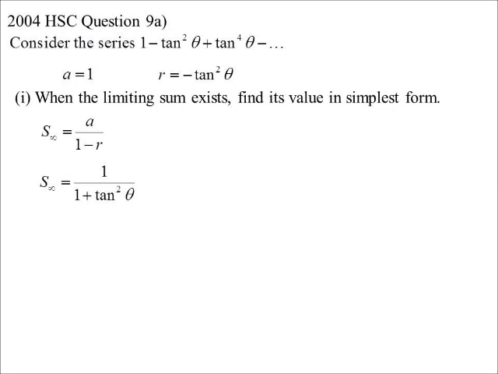Okay, well, it'll be A on 1 minus R. So that's 1 on 1 plus tan squared. Hang on. This is a trig identity question. It's hidden in a series question. Because 1 plus tan squared is, of course, sec squared. Reciprocal of sec is cos squared theta would be the limiting sum of this one, if it exists.